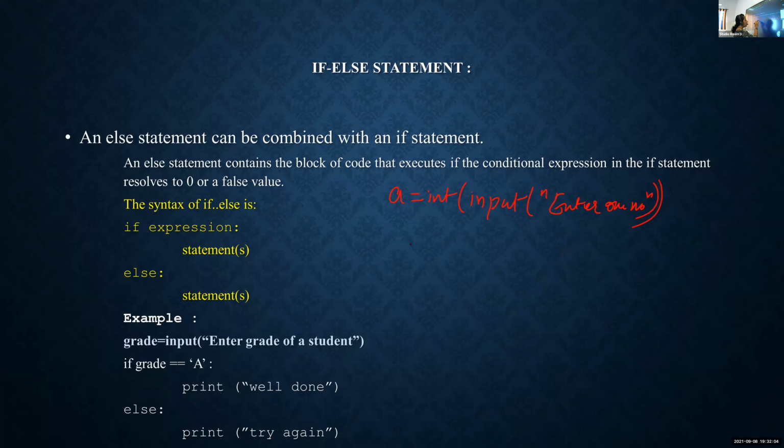What is the condition? I want to check if the entered value of A is odd or even. That is, A mod 2 is equal to 0. If it is 0, print even number. Else print odd number.